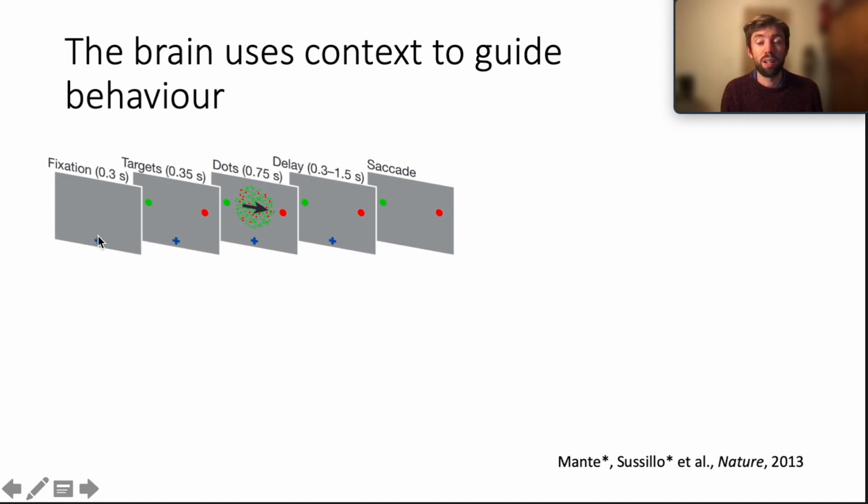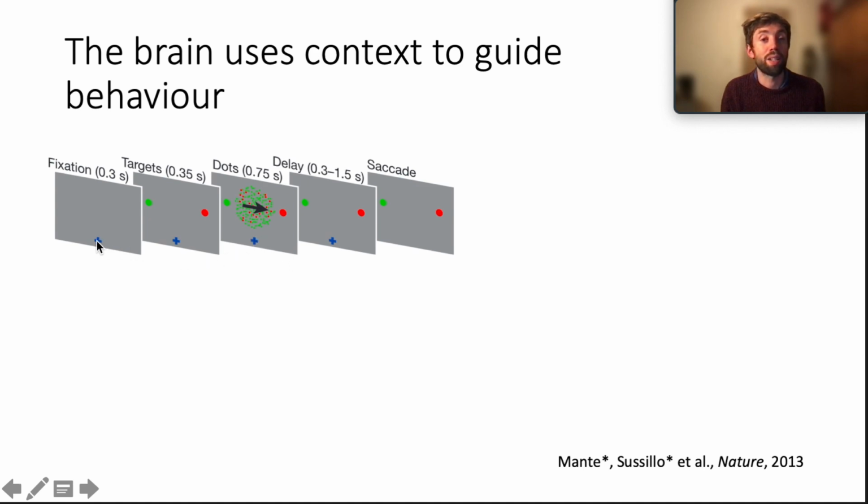For a particular context, for example, a blue cross, this will mean that the monkeys should pay attention to the motion direction but not the color, so that if the motion direction is to the right, they should, at the end of the trial, move their eyes to this spot on the right hand side of the screen.